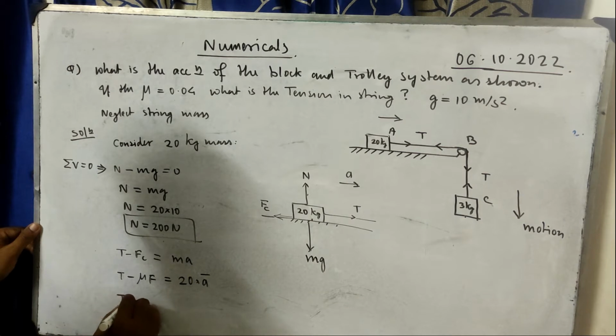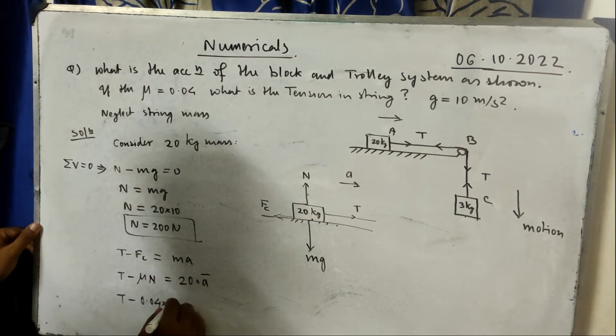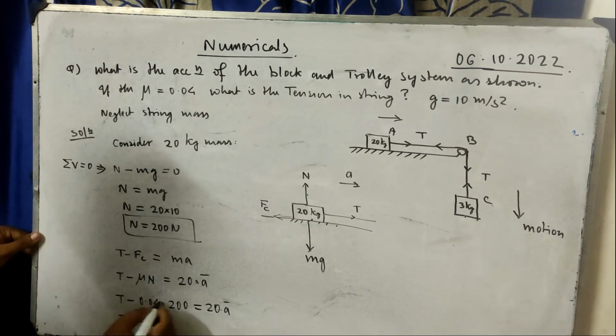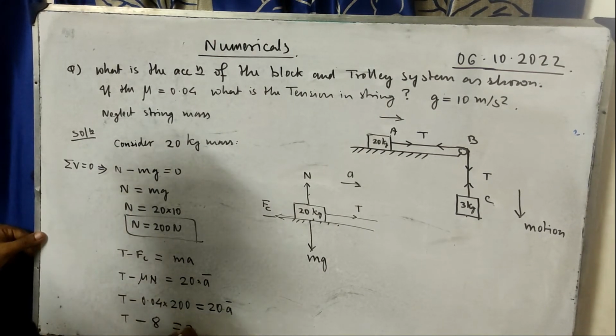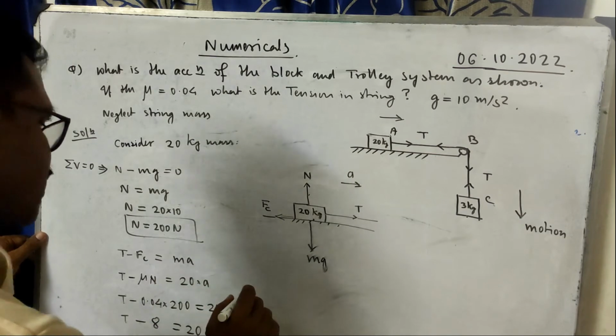So T minus mu, which is 0.04, into N, which is 200, is equal to 20A, right? T minus 8 is equal to 20A. Am I right? Don't write this, we are just finding the magnitude.